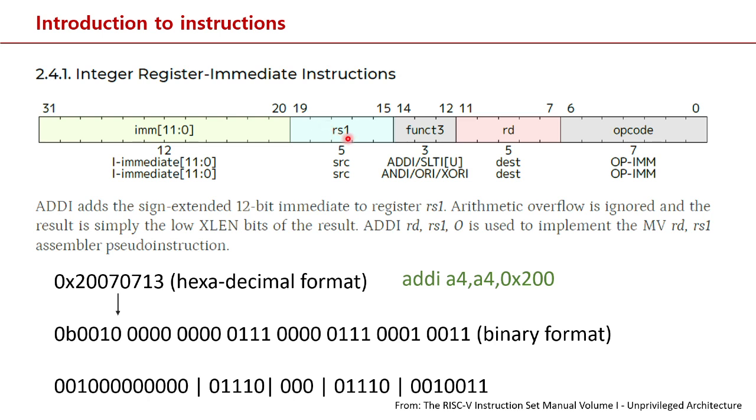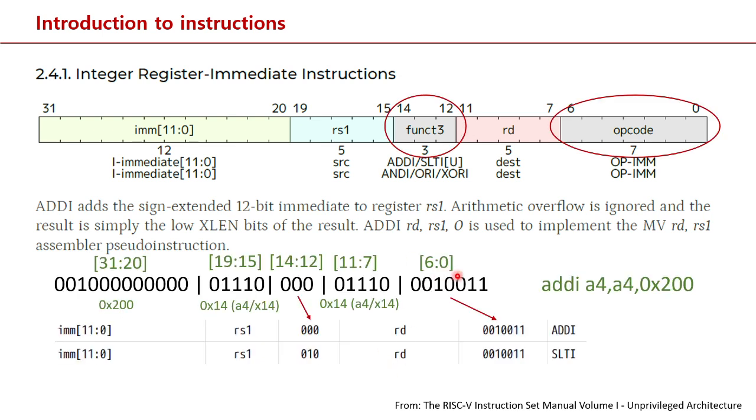This is the first operand. In other words, this is the first source register. So this binary value can be regrouped based on this information, and it can be seen like this. The binary format can be regrouped: bits 0 to 6, 7 to 11.